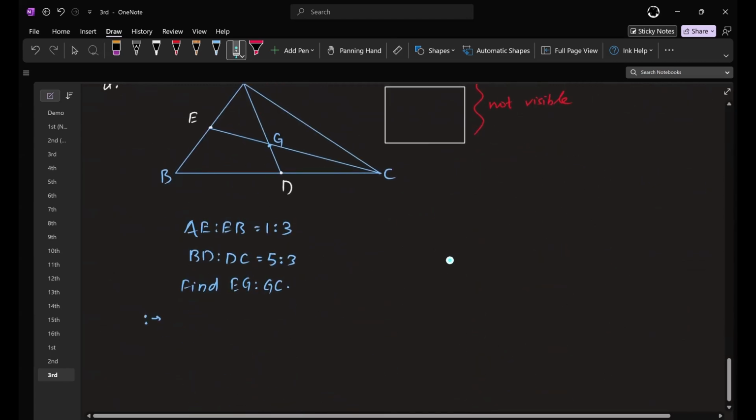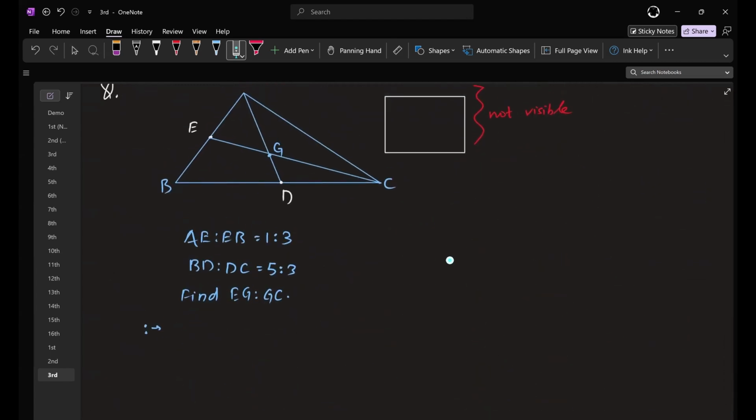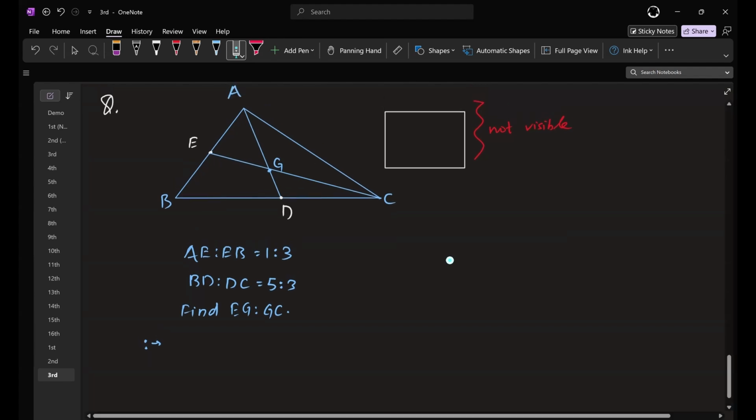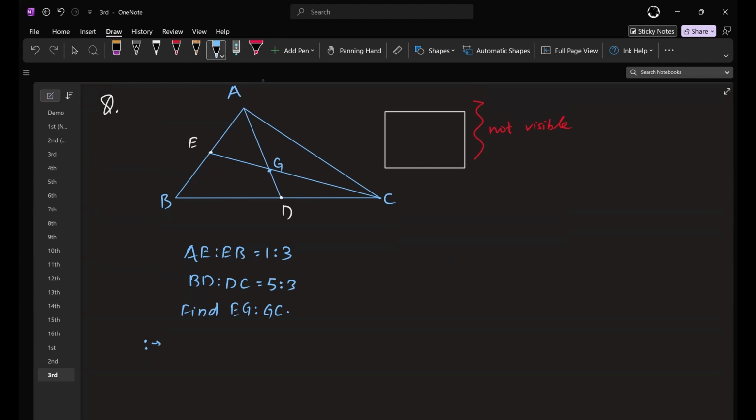And if we have been given something in terms of the ratio of sides, then the only theorem that gives us that is similarity of triangles, or the basic proportionality theorem. Do you remember the basic proportionality theorem?